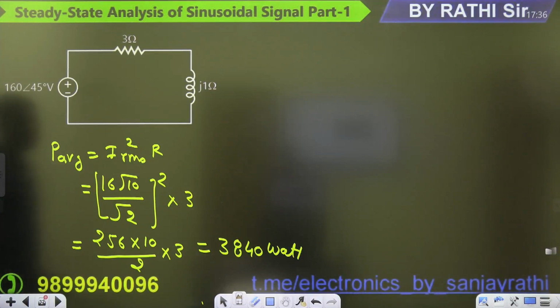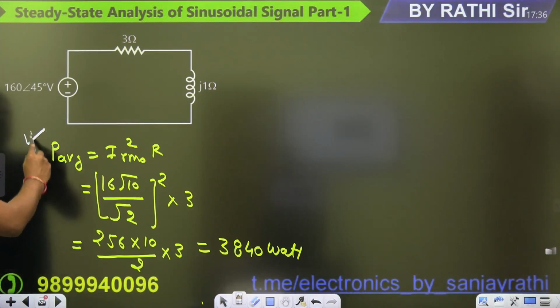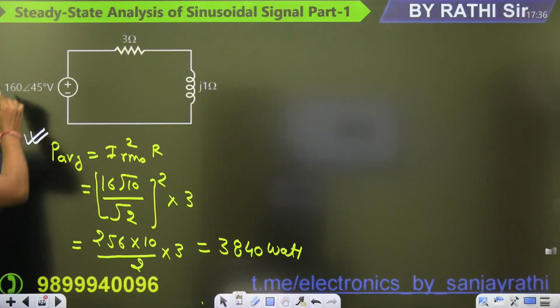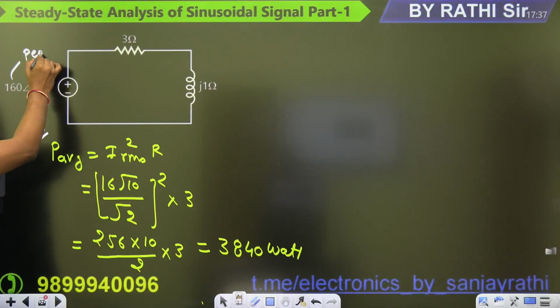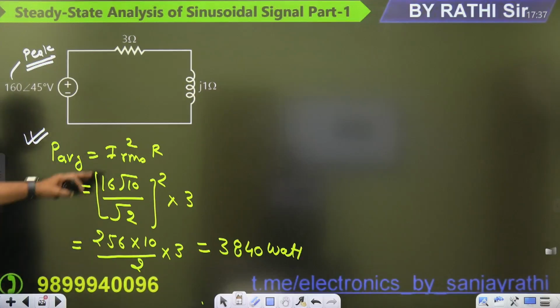This is a very, very easy shortcut. In GATE, we are using this. P average is I RMS square into R. And remember, we have taken it as the peak value. But in a particular numerical, if nothing is mentioned, this is the RMS value. No need to divide it by root 2.